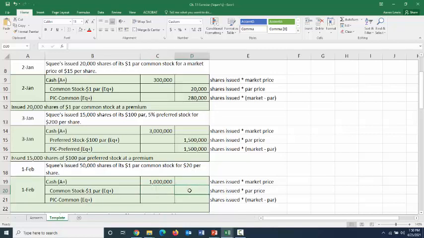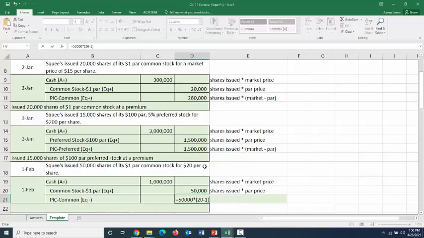Of that $1 million, what portion can be attributed to the par value of the stock? Well, you take the number of shares being issued, 50,000, and you multiply it by par value, which is still $1 par. $50,000 of that issuance can be attributed to the par value of our common stock. And the remainder has to be going into our paid in capital account, which we can find by taking the number of shares issued, 50,000, and multiplying it by the difference between our market price of 20 and our par value of $1.